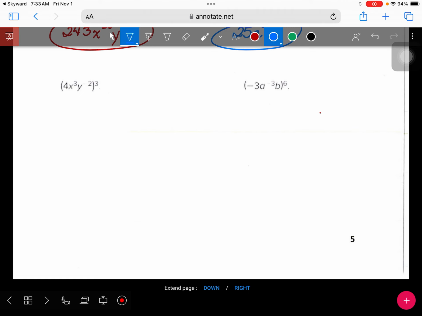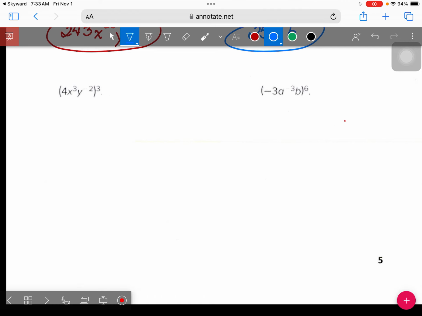Okay. All right. So again, if it doesn't have an exponent, put a 1 on it. It's understood to be to the 1st power. So this is 4 to the 1 times 3. This is x to the 3 times 3.